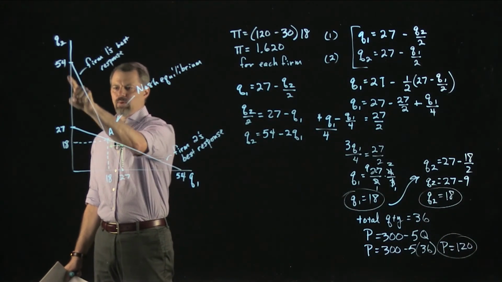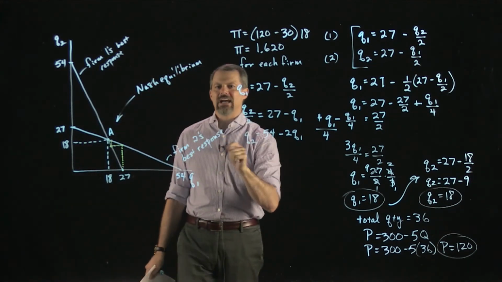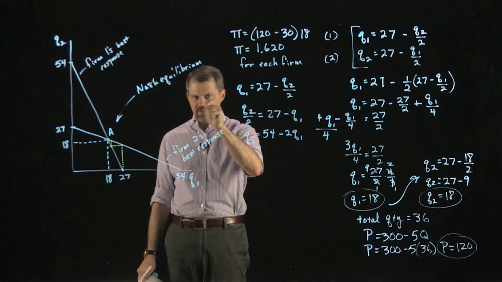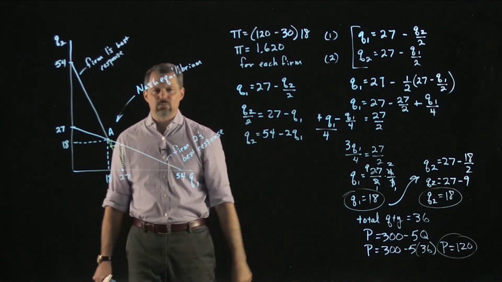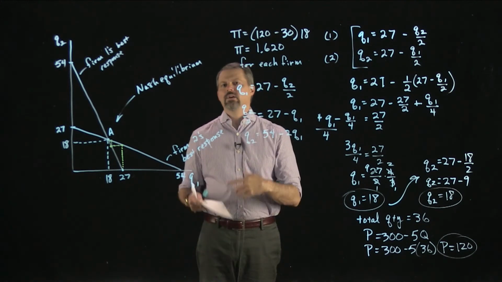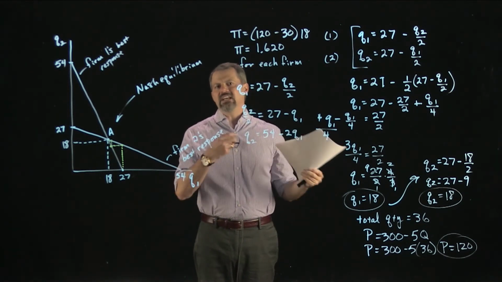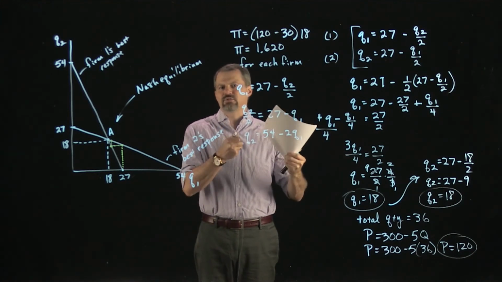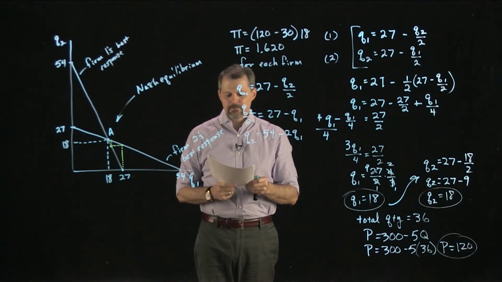If you were to pick any point up here or any point down here and then see how each firm would react to what the other firm is doing, you'll see that their reactions will lead them right back to point A. Point A is what we would call a stable equilibrium. Okay? Any deviation from that equilibrium and the best response functions would move us right back to point A.